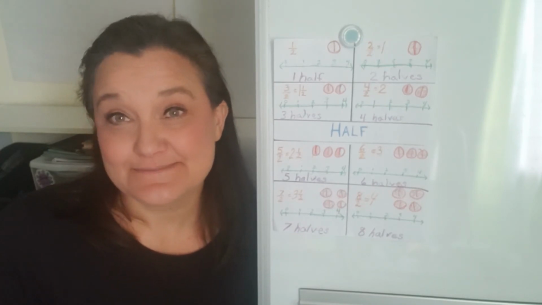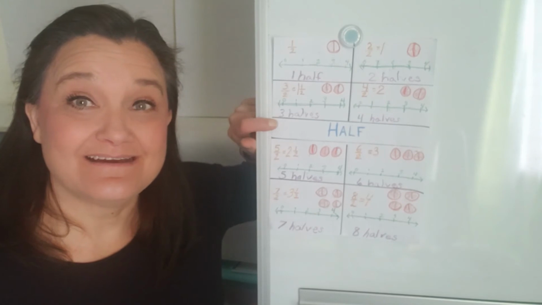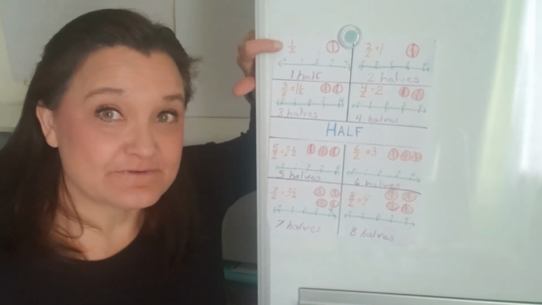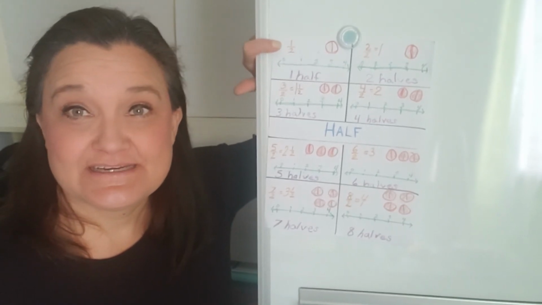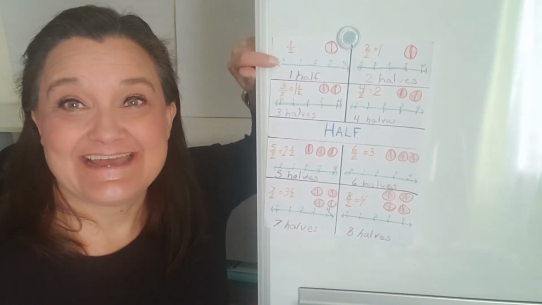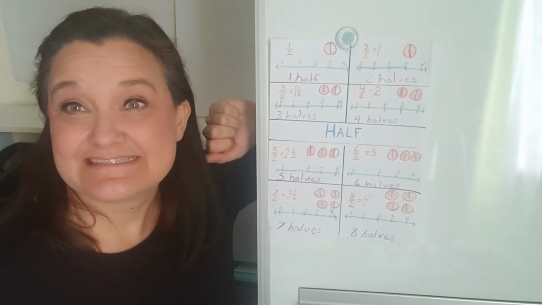So on this page of halves, I showed how I went above and beyond. Up here I started with unit fraction, and I have represented the picture, the word, and a number line after the fraction. So that section has everything in it.